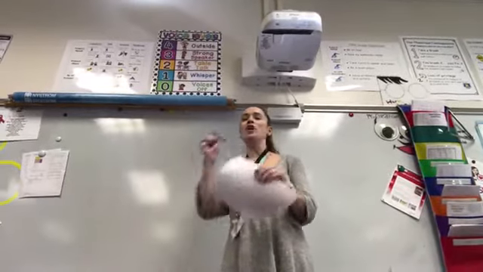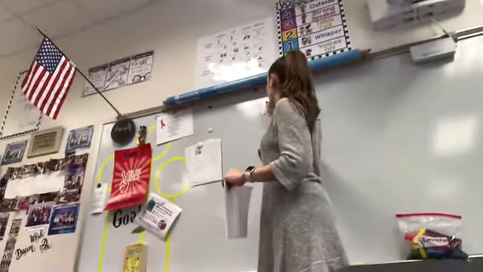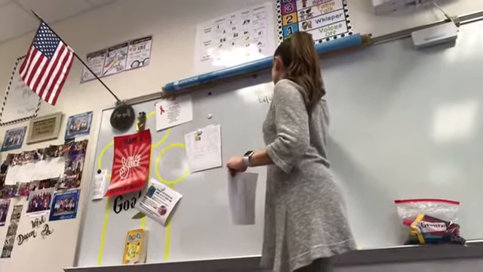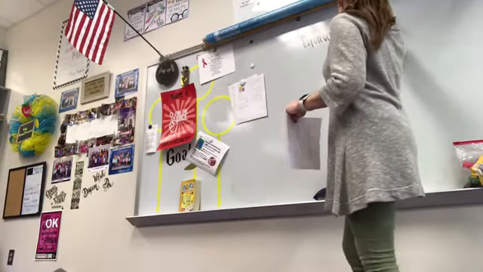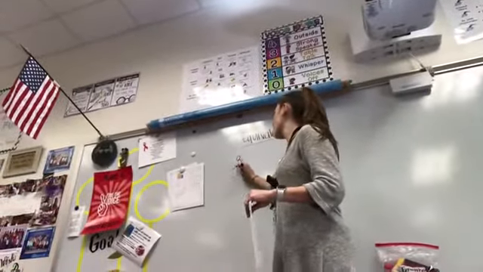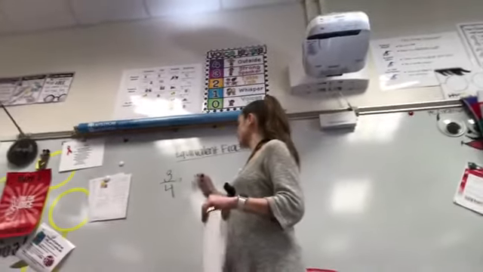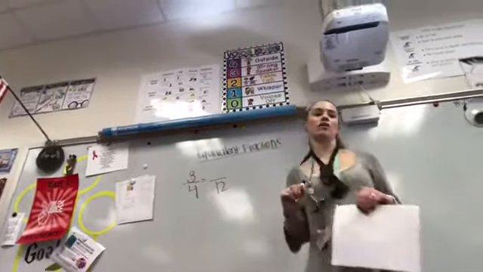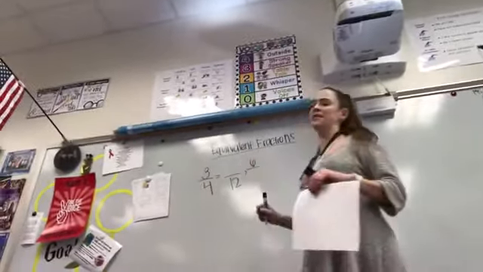Okay? So the first skill that we talked about was finding equivalent fractions. So if I have the fraction 3/4, I want you to find equivalent fractions, one of them which has a denominator of 12, and the other one which has a numerator of 6.